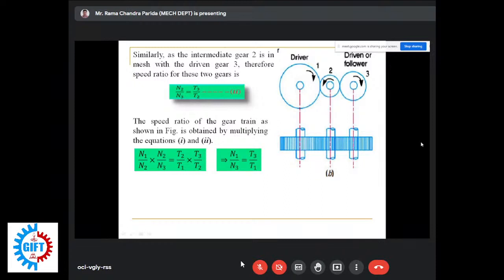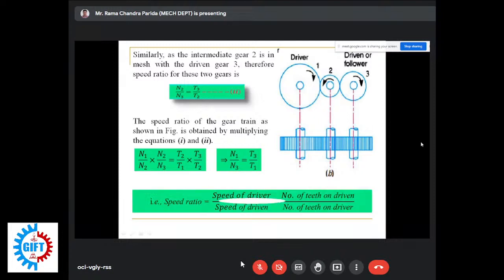Very good. Solve it. The question is related to your simple gear train. Okay. Here in this figure 3 gears are there, but in the question it is 4 gears. Okay. Solve it.